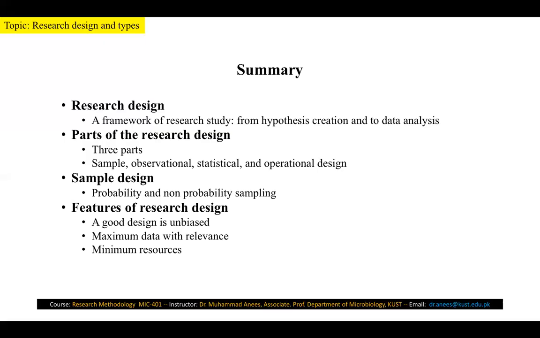So you use a minimum amount of time, you use a minimum amount of money to retrieve a good amount of quality data that can be used to answer your question, and that is relevant in terms that the question you actually posed is answered at the end.